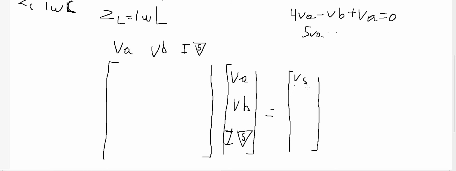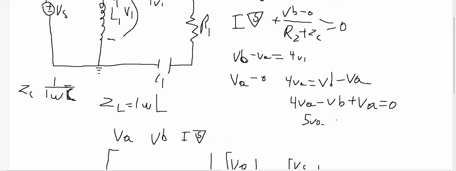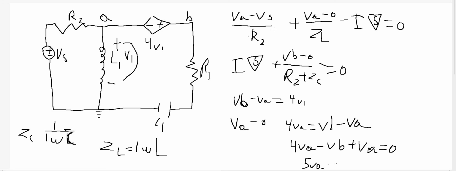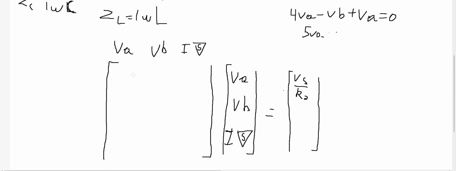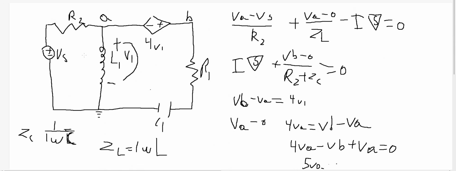And then we can write Vs over R2 here because that is our voltage supply right there. Or our current supply there, but we get our current from doing that equation, which is Vs over R2 again. And then we can write 1 over R2 plus 1 over ZL right here, because that will get us the impedance for that.